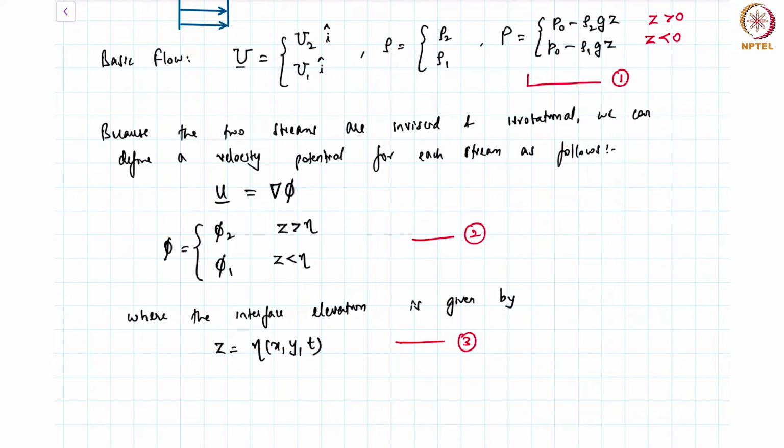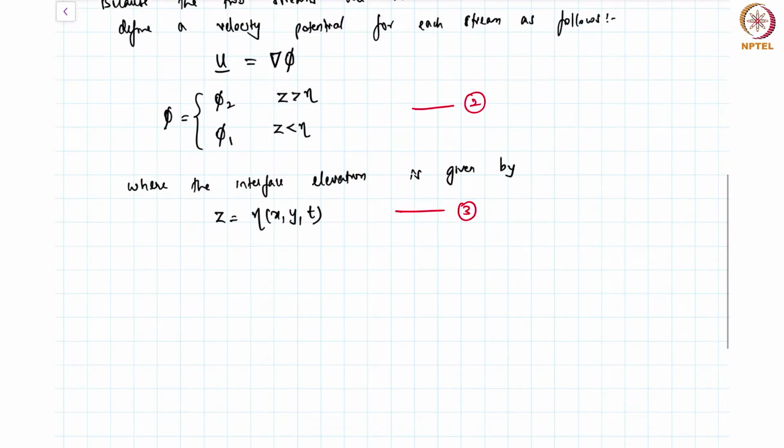Now, having done this, I can look at the governing equations. If it's an inviscid irrotational flow, then the potential in both the fluids would satisfy the Laplace equation. Another thing I'm going to do is define a normal vector on the interface. That's my normal vector.